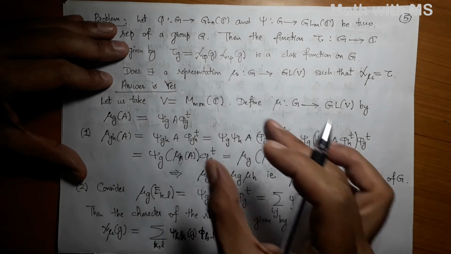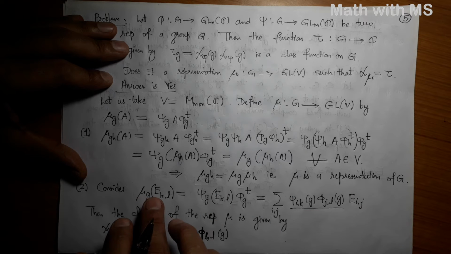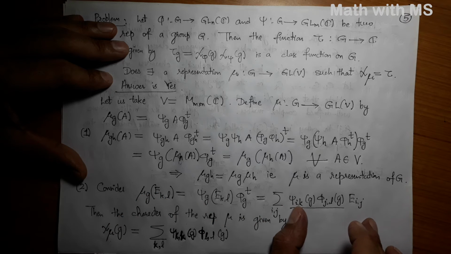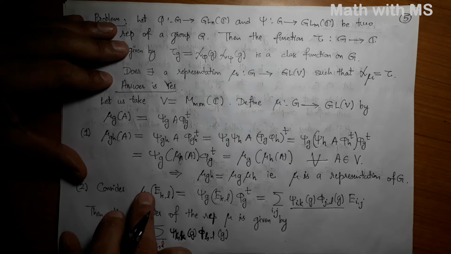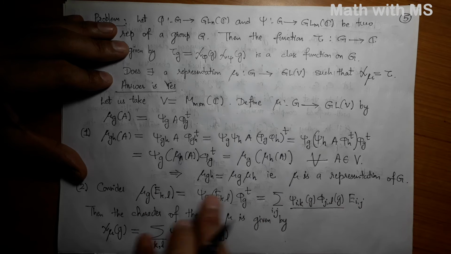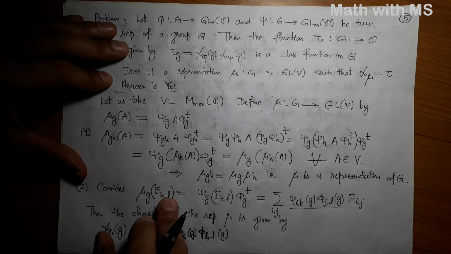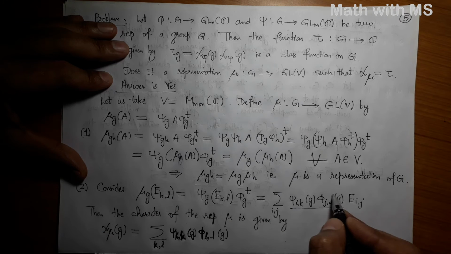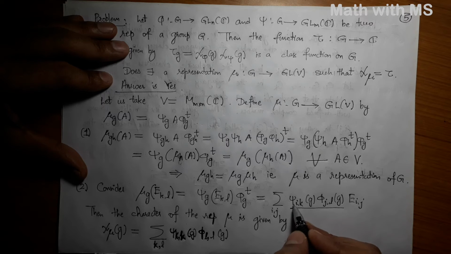It is the sum of the diagonal entries, and you know how it acts on the basis EKL. So the trace is going to be the sum of the coefficients of EKL when you evaluate mu g at EKL. That means you look at the coefficient when i is k and j is L. When i is k, it becomes psi kk of g, and when j is L, it becomes phi LL of g. So the character value is psi kk of g into phi LL of g, and the summation runs over k and L.